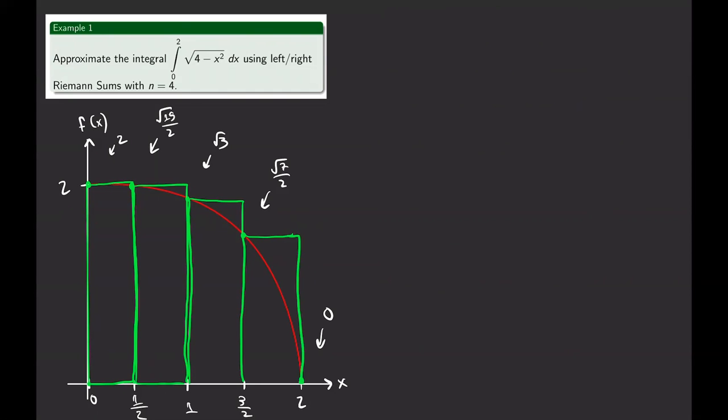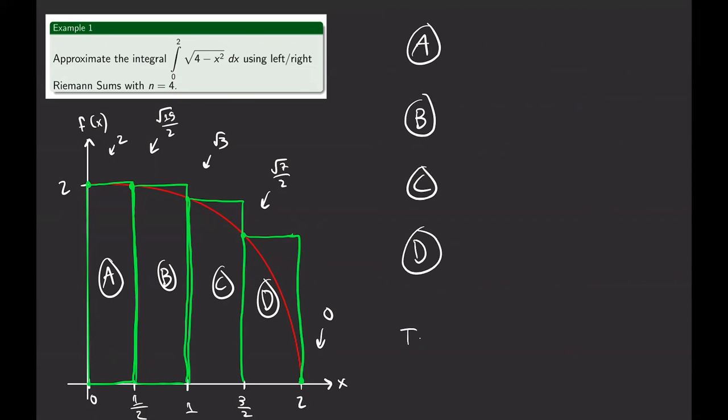I can very easily calculate these by noting the height and the width of each of them. So I'm going to label these A, B, C, and D. So this will be different from the points that we labeled. So we can see the total is just going to be A plus B plus C plus D, which A is going to be given by, let's go ahead and do this in a blue.